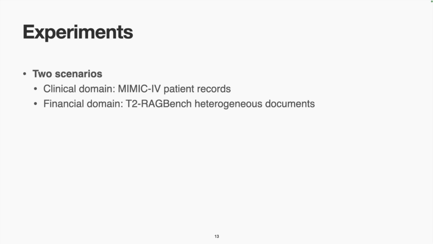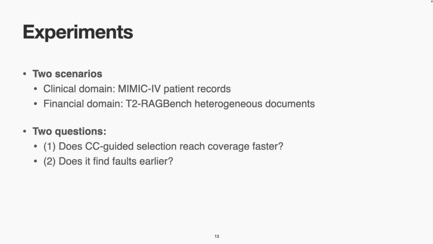Here is a very simple experiment and result. I used two different domains, the clinical domain and the financial domain, because, as I mentioned, these documents are sometimes hidden or very confidential. So I used these two different datasets and benchmarks. These are our two main research questions.